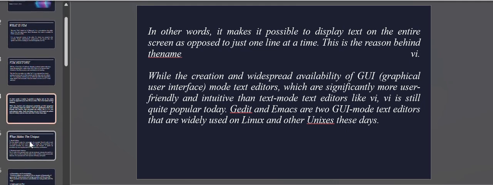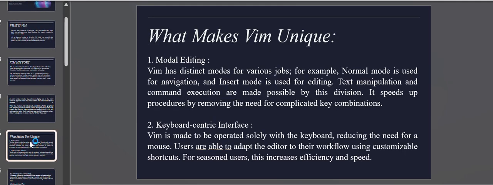And here is what makes Vim unique. Modal editing. Vim has distinct modes for various tasks. For example, normal mode is used for navigation and insert mode is used for editing. Text manipulation and command execution are made possible by this division.